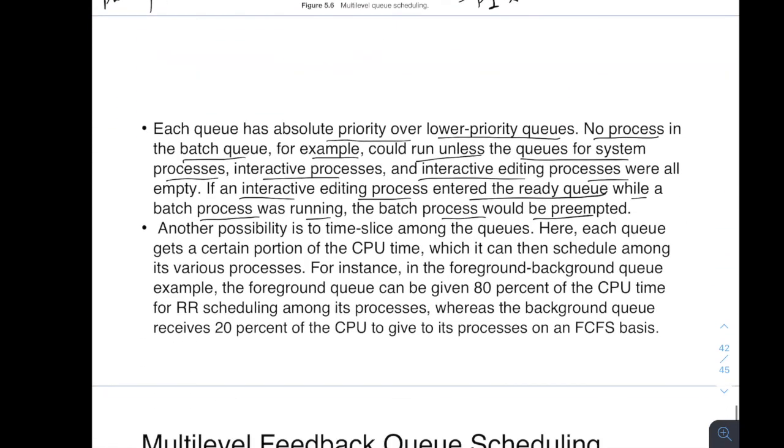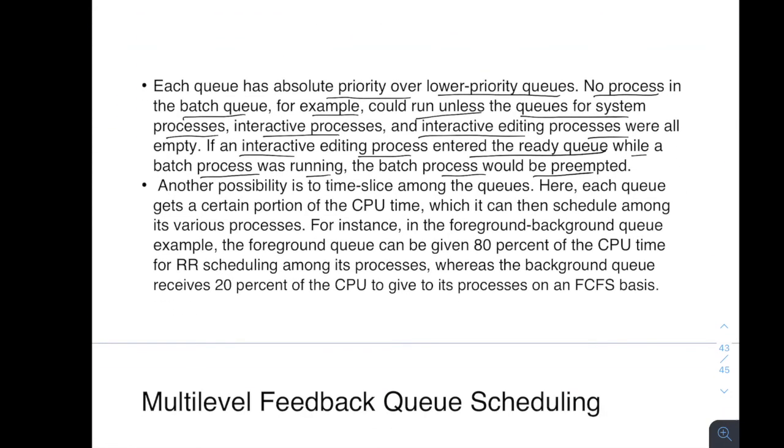That's what it means. Another possibility is to use time slice among the queues, right? So we are using preemptive priority, but you can also use round robin. Here, each queue gets a certain portion of CPU time, which can be divided between the multiple processes within that queue.